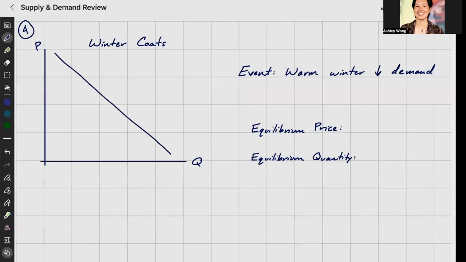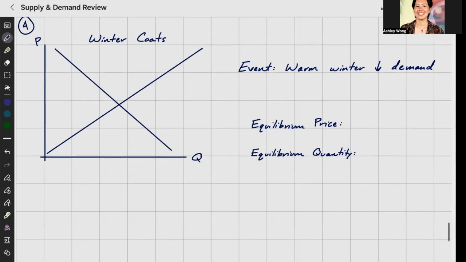Okay, moving on to problem 4, we're looking at the market for winter coats. And we want to see what happens when an unusually warm winter decreases the demand for winter coats. So this event is worded pretty straightforward. It's telling us that the demand is going to decrease. And this is kind of a consumer tastes event.